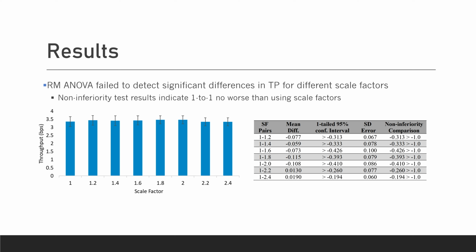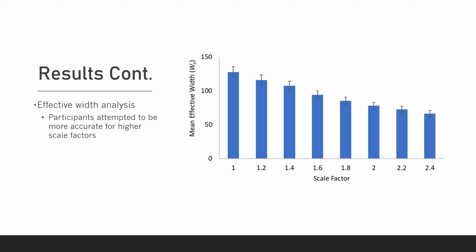In case of throughput, repeated measures ANOVA failed to detect significant differences for different scale factors. Non-inferiority test results, however, indicate that one-to-one mapping is no worse than using scale factors. As you can see in the figure here, TP is relatively constant across scale factors. In Fitts's law, we use effective width to calculate throughput.